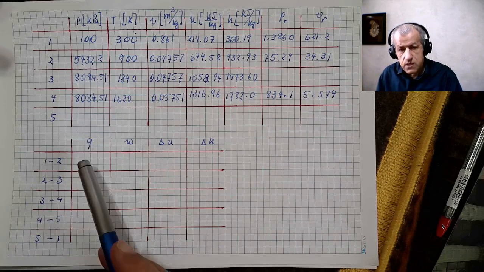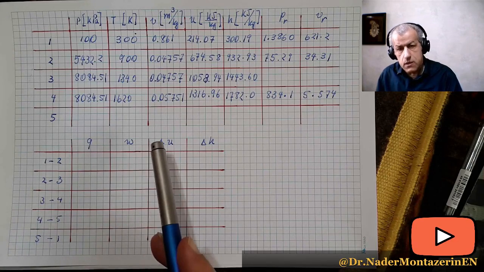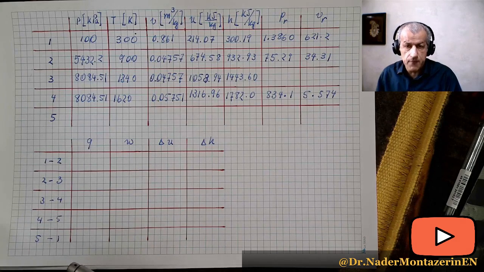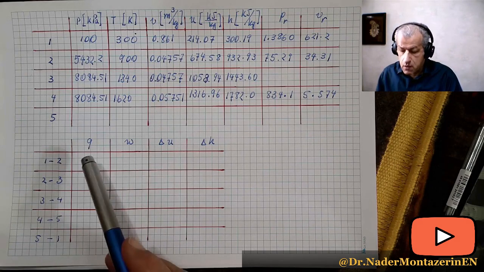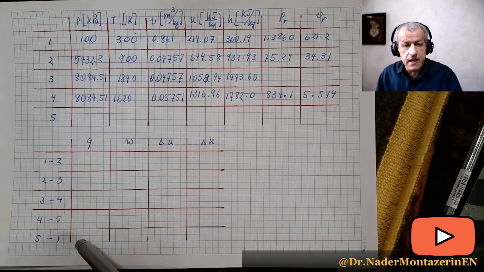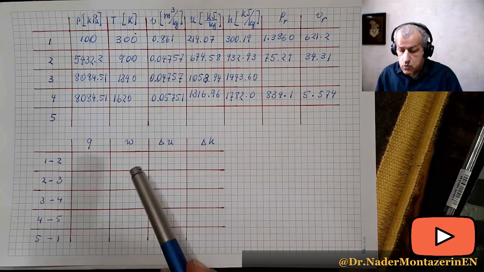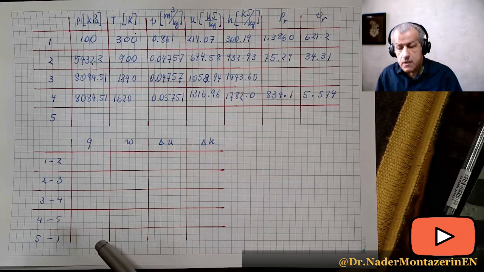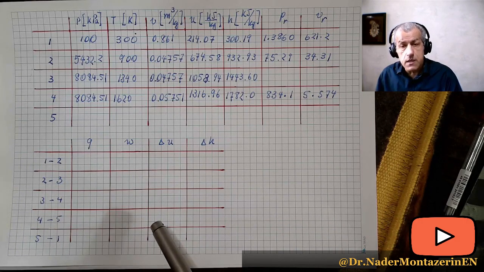That means heat transfer, work, delta U and delta H for different processes, and check if all values match. Finally, what we should get is that all heat transfers added together should equal all works added together, that their sum should be the same for the cycle, and also delta U for the cycle should be 0.